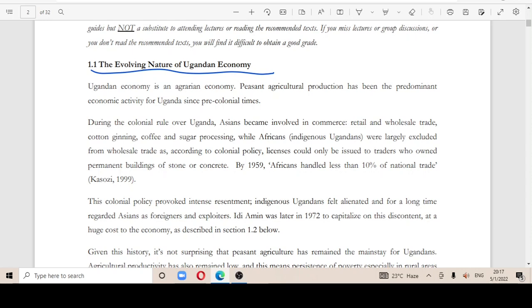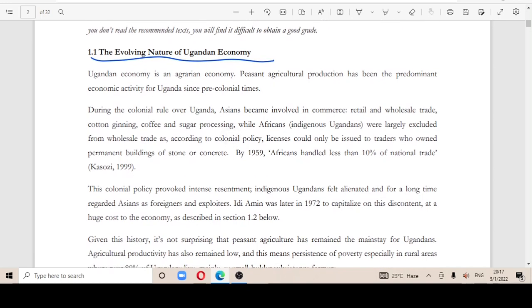So what do you need to know? With the evolving nature, Uganda has always been an agrarian economy. This means that Uganda itself, even before colonial rule, that is pre-colonial times, has always been an economy operating on agriculture.